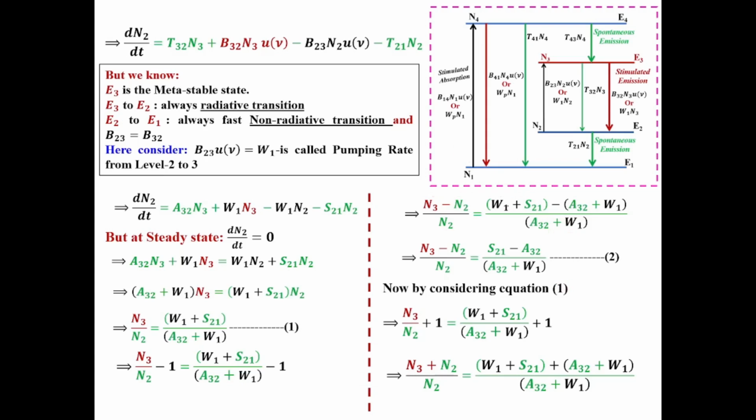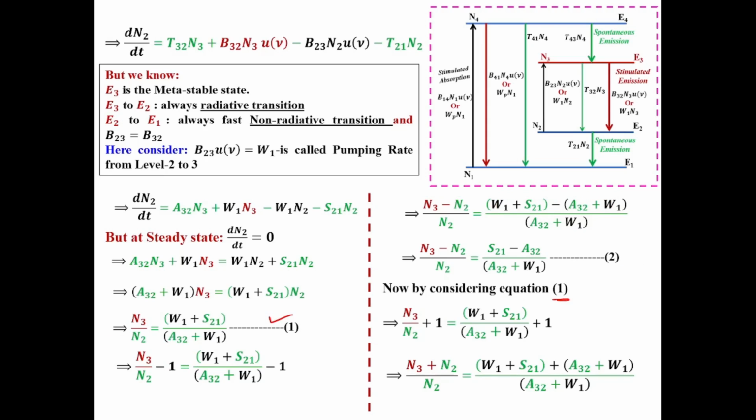Now to simplify, here you can see W1 and minus W1 cancel, so the other two terms are S21 minus A32, divided by A32 plus W1. Let this be your equation number 2. Now consider equation number 1, this one.